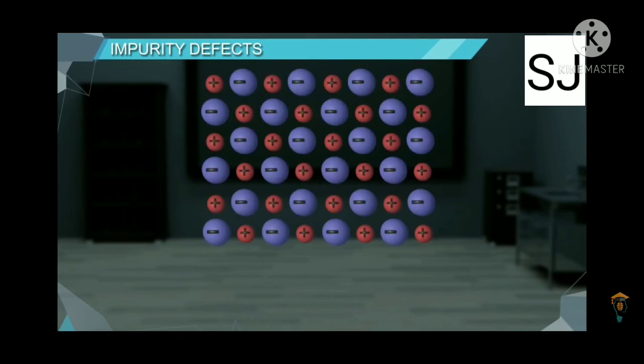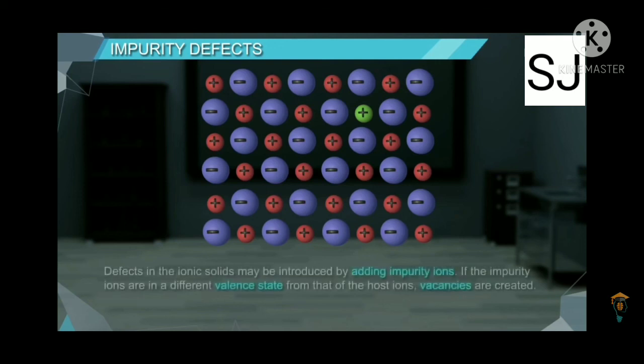Next one is about the impurity defects. In impurity defects, the defects in ionic solids can also be introduced by adding any impurity. Like you can see here that a green color positive charge is present in it.